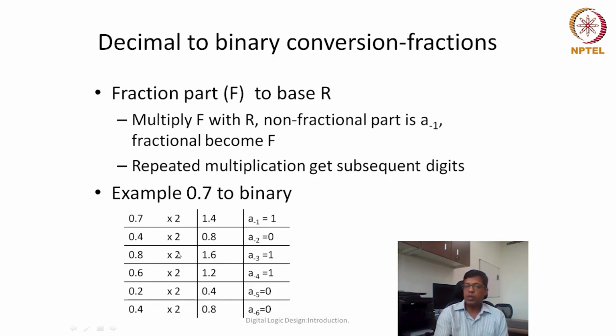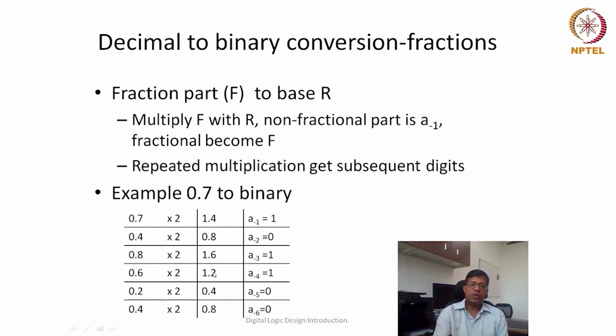0.8 is again multiplied by 2, and it becomes 1.6. The fractional part is 0.6 and the non-fractional part is 1, so a minus 3 is 1. Again we take the fractional part, 0.6, multiplied by 2, which becomes 1.2. Here the fractional part is 0.2 and the non-fractional part is 1, so a minus 4 is 1.